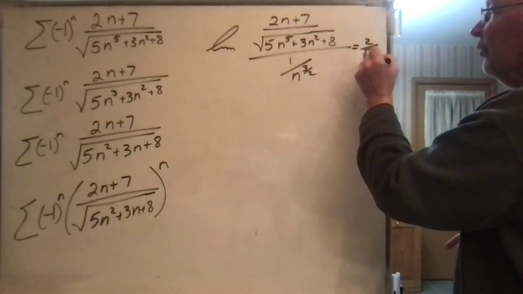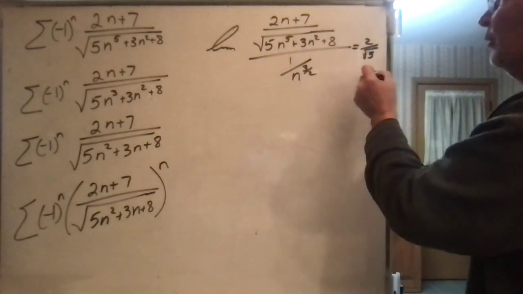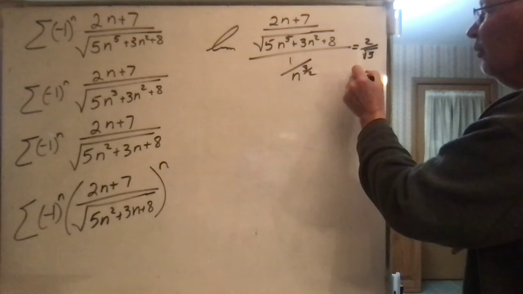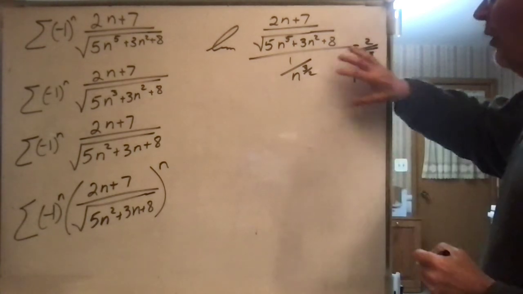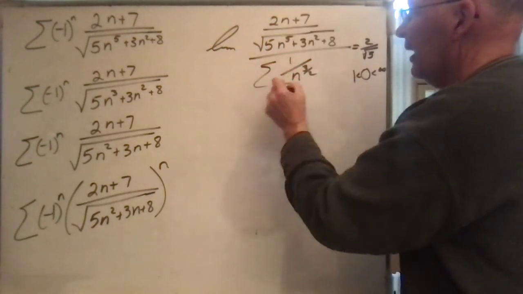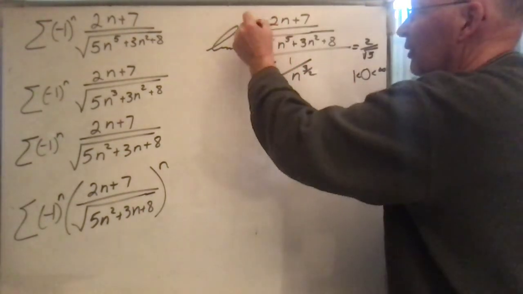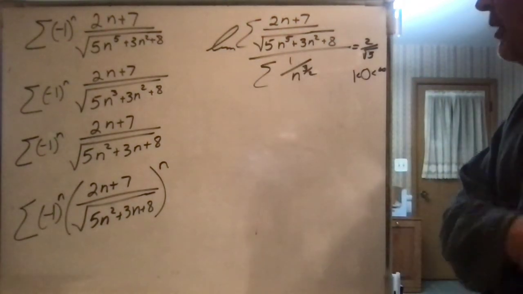What's important about 2 over square root of 5? It's just a number between 0 and infinity. That's what's important about that. And so the point is that means these things act just like these. And when you add up all these things, it's finite. Okay? That's the idea. That's the limit comparison test.